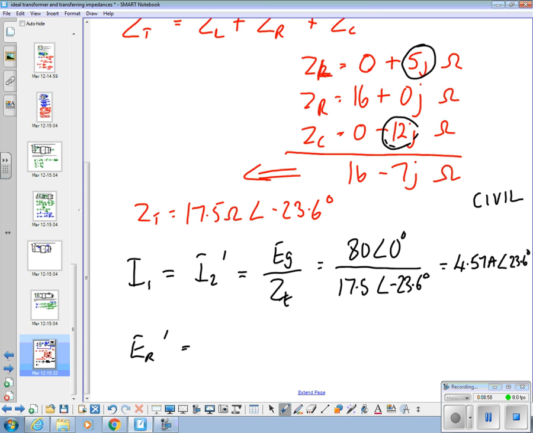How can I find that? Using Ohm's law. The voltage I want is I2 dash times R dash.